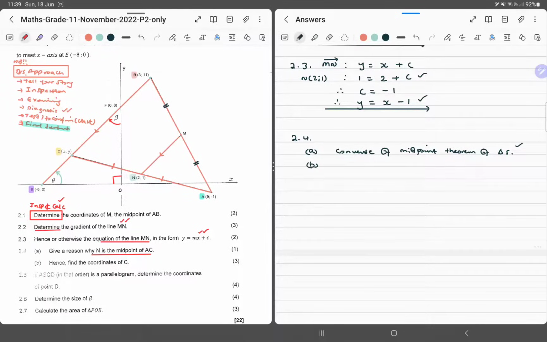So we look at B. B says, hence find the coordinates of C. Easy. Now we can say the x coordinate at C plus the x coordinate at A over 2 must be equal to the x coordinate at N, the midpoint.